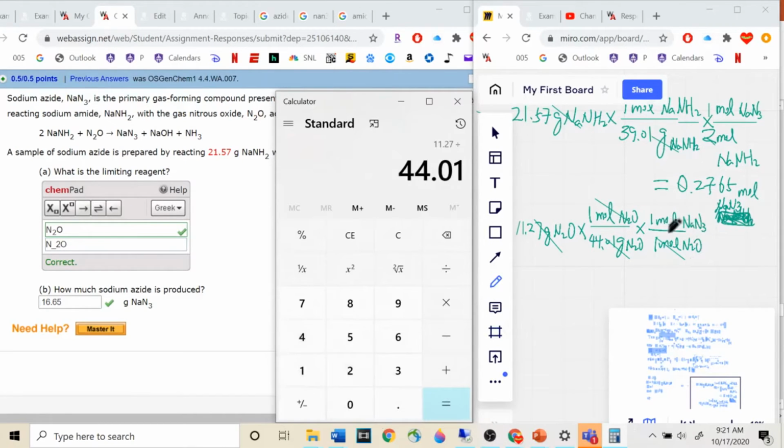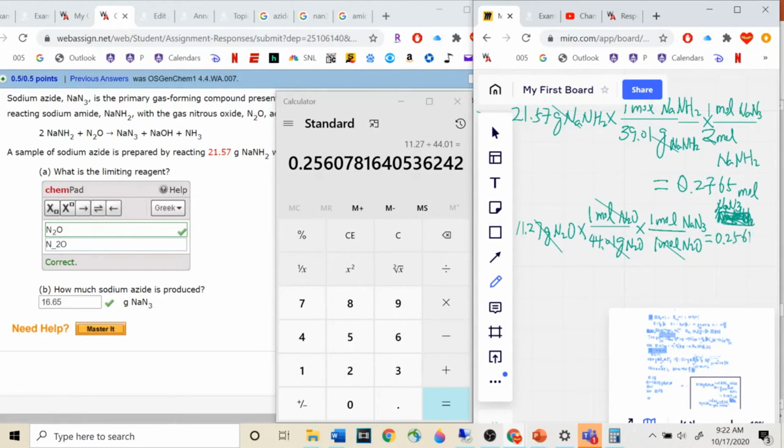That's it, because the rest of them are just all ones, whether it's a multiplication or division. And the answer should be, again, we keep 4 sig figs, 0.2561 moles of NaN3.